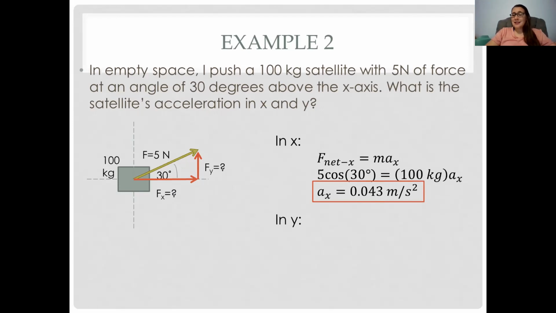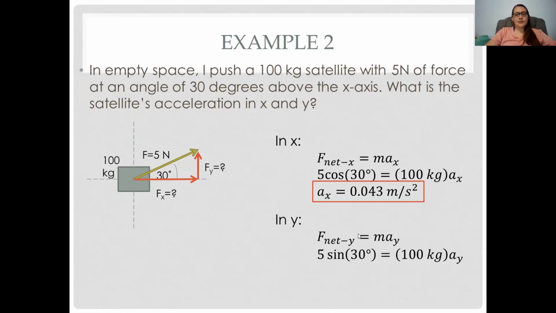So we could use either the sine, because that's the opposite over hypotenuse, or we could use the tangent, which is the opposite over adjacent. Now, just for the sake of this example, I ended up using the sine, because if you hadn't found the x component first, you would not be able to use the tangent in this case. So we set it up a very similar way, right?